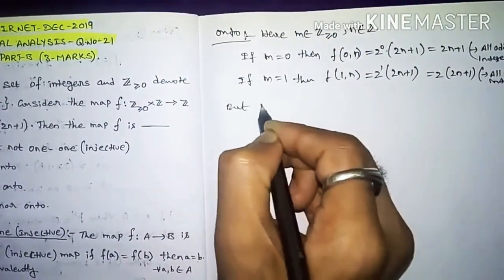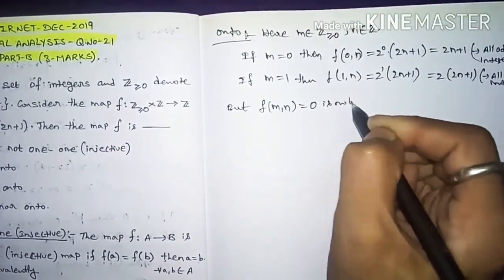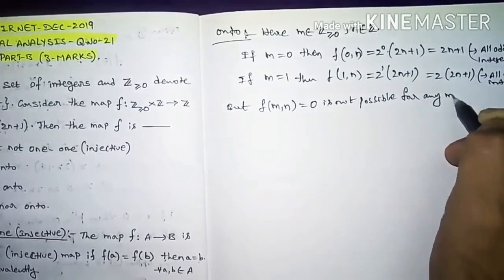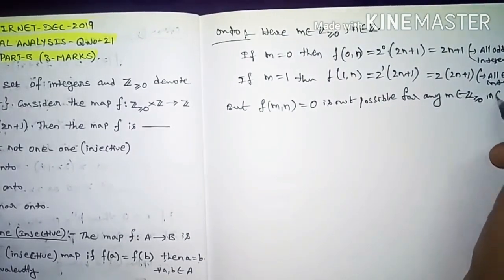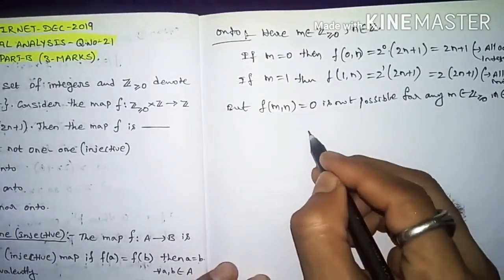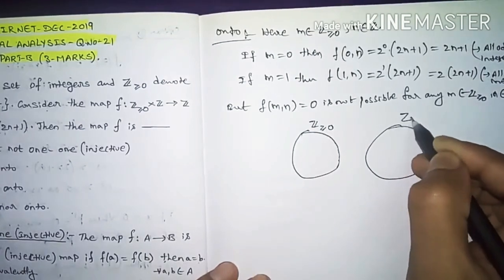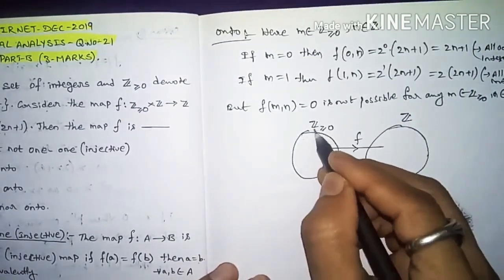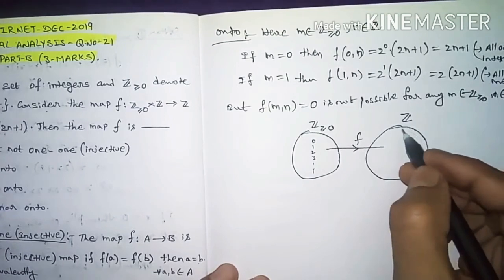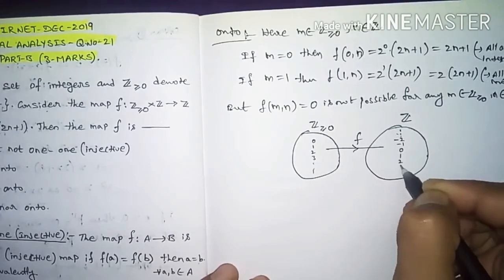But f(m, n) is equal to 0 is not possible for any m belonging to Z greater than or equal to 0 and n belonging to Z, because here we have f as a mapping from Z greater than or equal to 0 cross Z to Z. In the domain we have 0, 1, 2, 3 and so on, and in the codomain we have negative integers and so on, -2, -1, 0, 1, 2, and so on.